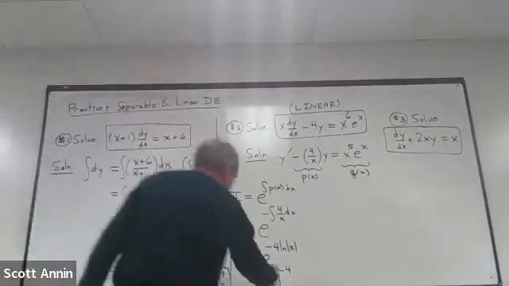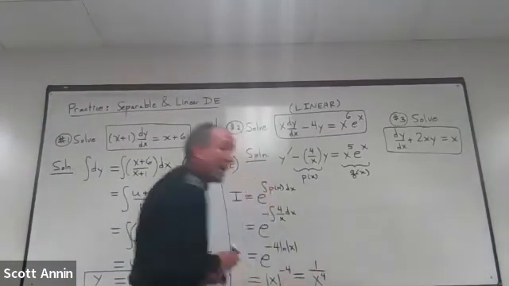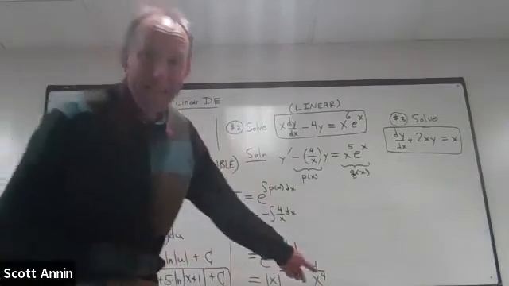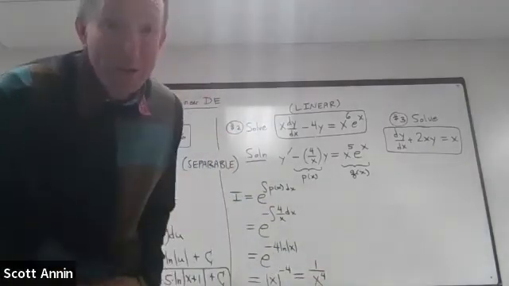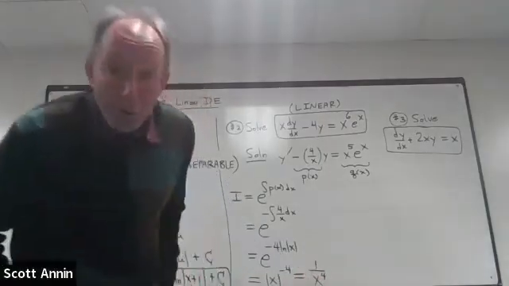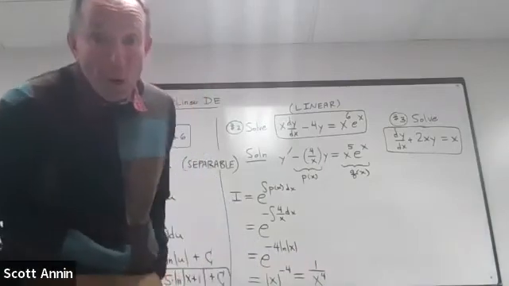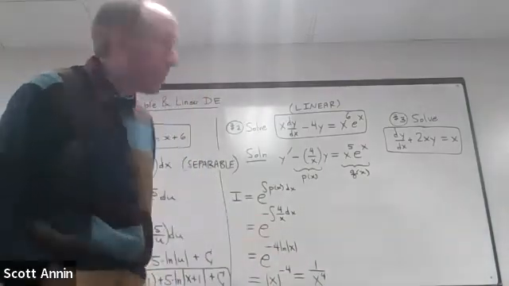Okay? Absolute value of x to the minus 4 is actually, we don't need the absolute value because x is being raised to an even power. It's already going to be positive by the time I take the 4th power of that. And I'm just putting it as a fraction because it's a negative 4. So this then becomes my integrating factor.